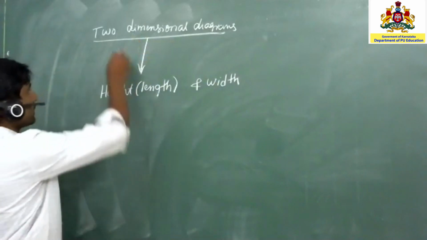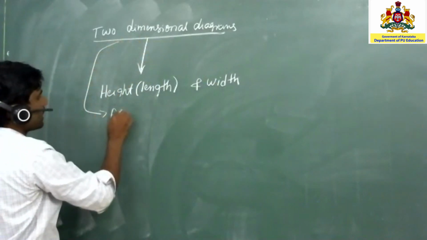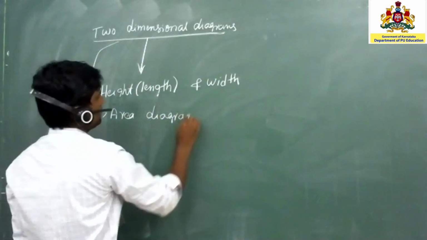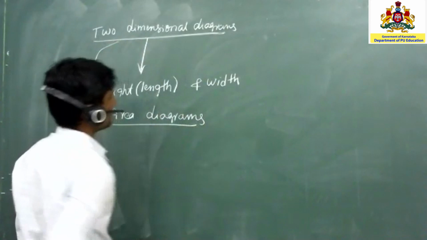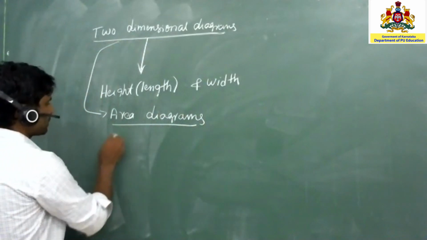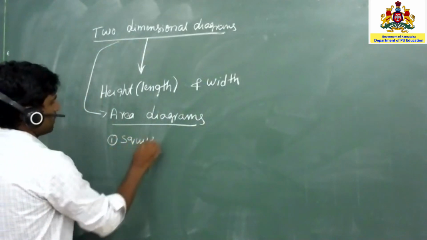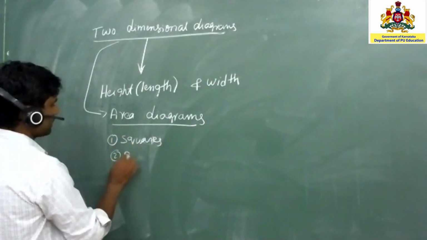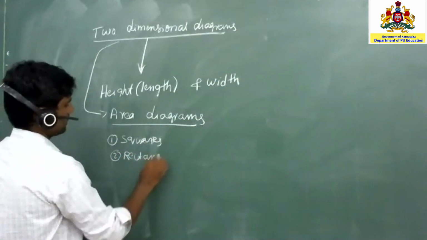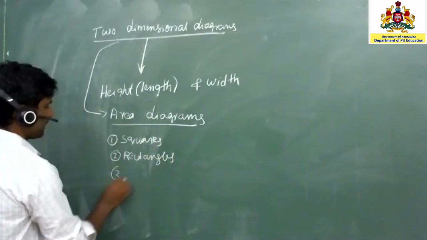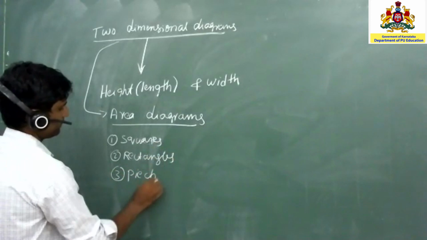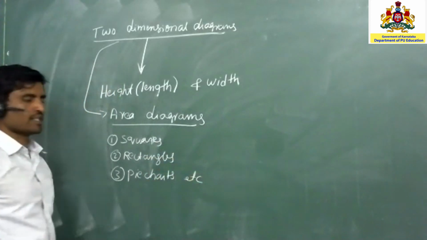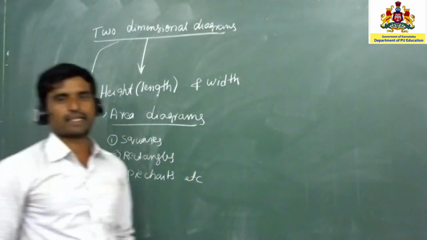Two-dimensional diagrams are also called area diagrams. Okay, for example, squares, rectangles, pie charts, etc. These are the examples of two-dimensional diagrams.